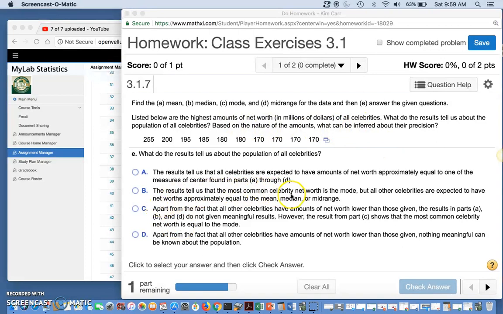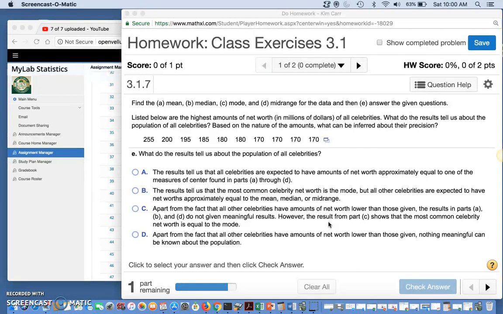The results tell us that the most common celebrity net worth is the mode, but all other celebrities are expected to have the net worth approximately equal to the mean, the median, or the mid-range. Well, that's hard when you're not in the top group to equal them. Apart from the fact that all other celebrities have amounts of net worth lower than those given, the results in parts A, B, and D do not give meaningful results.